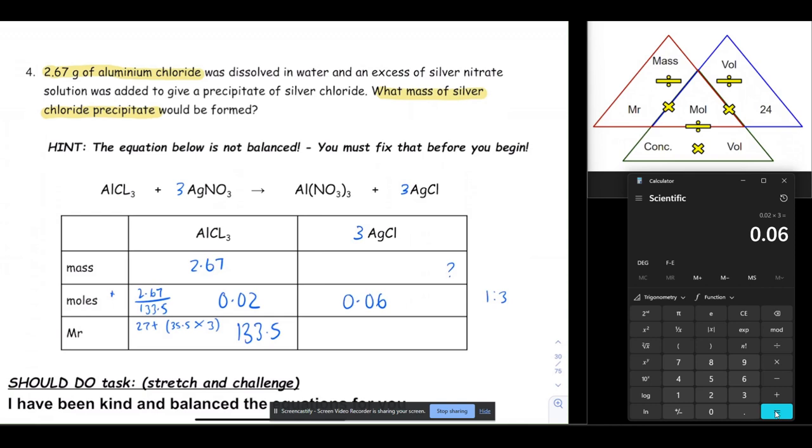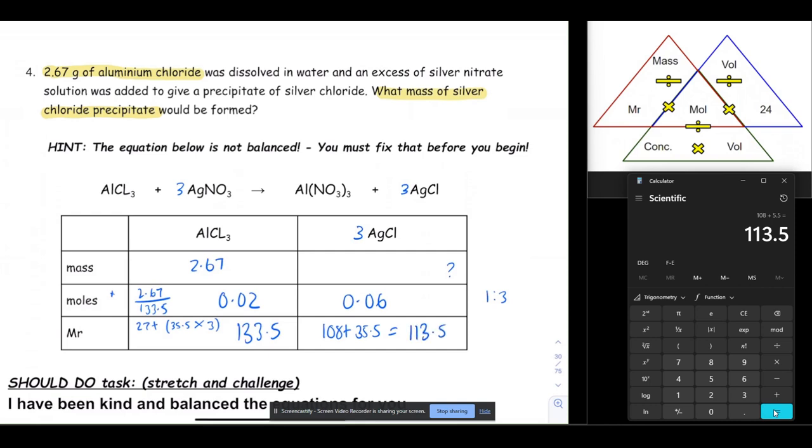I can already work out my relative molecular mass of silver chloride because silver is 108 and chloride is 35.5. I've got 1 of each. So 108 added to 35.5 gives me 113.5.